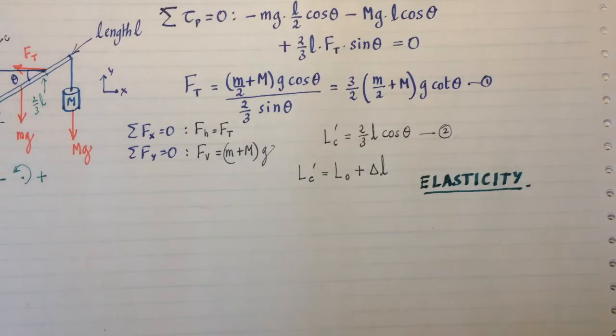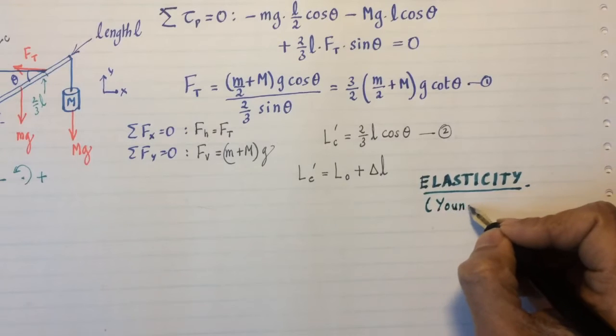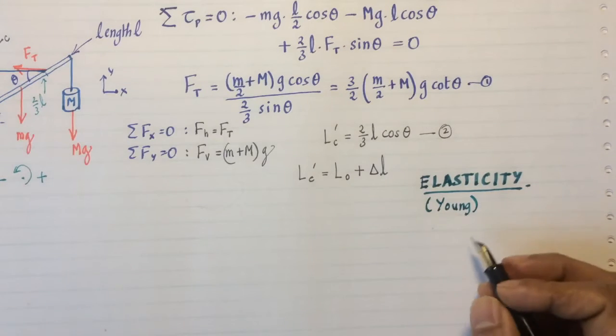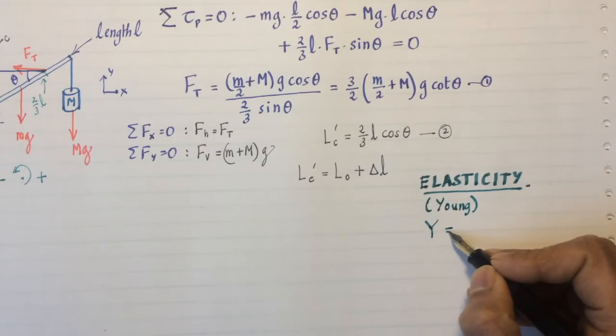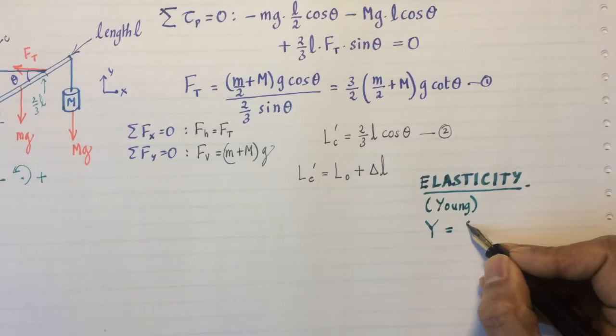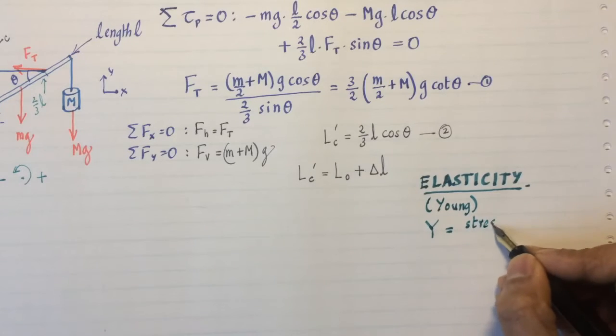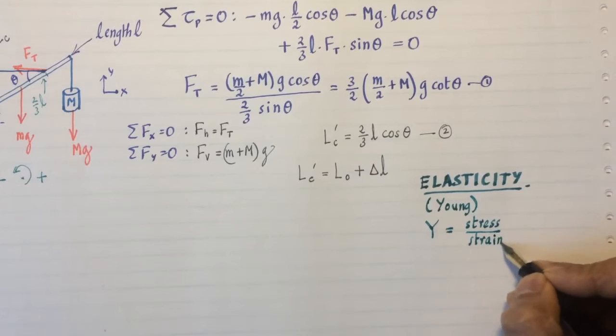The person's name to remember is Thomas Young. He conducted a series of experiments and he showed that for most substances there is a constant now called Young's modulus. I don't think he called it that himself. The ratio of stress to strain of most materials is a constant.